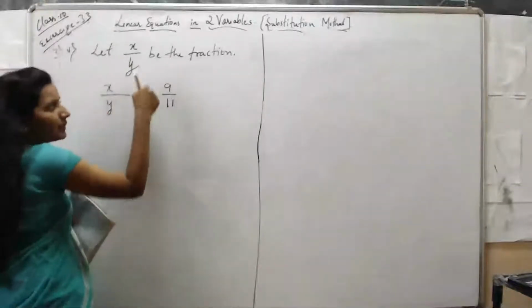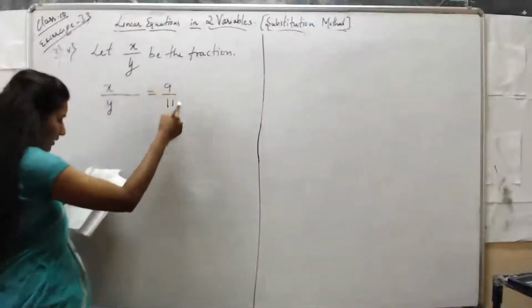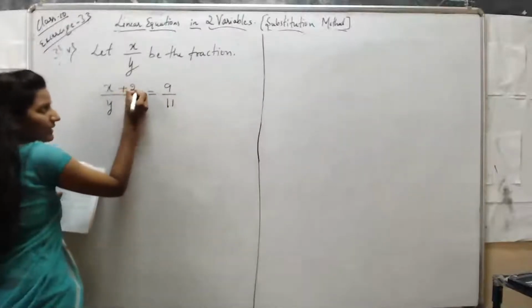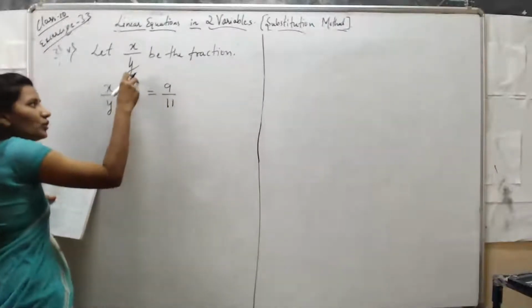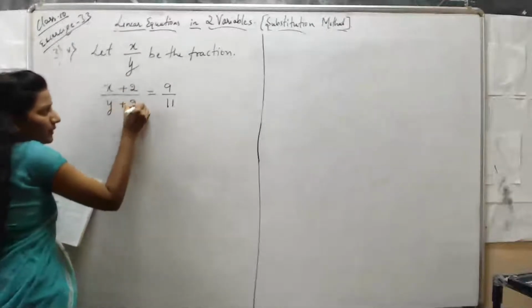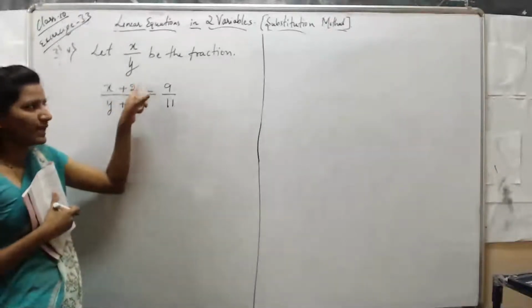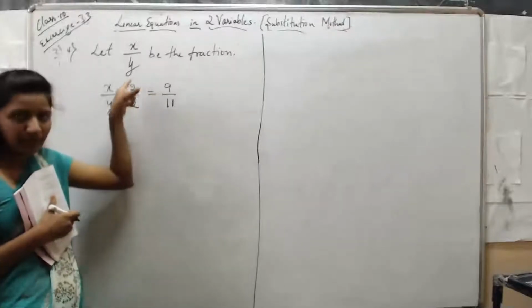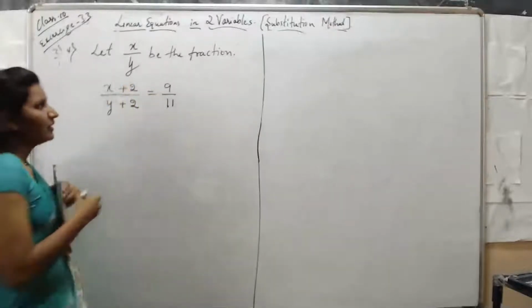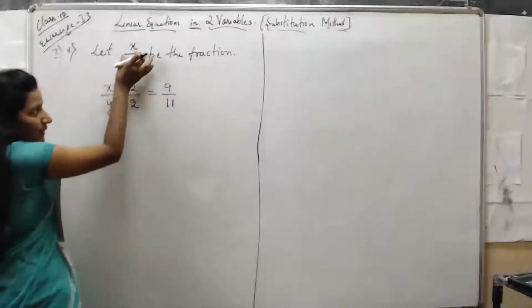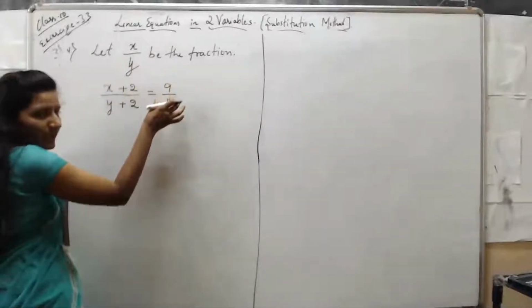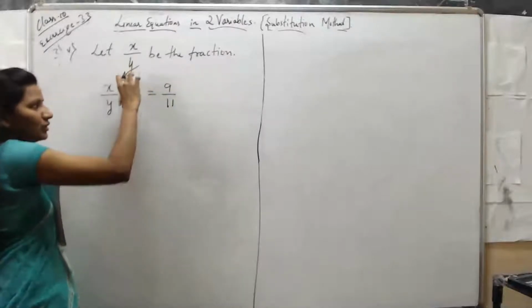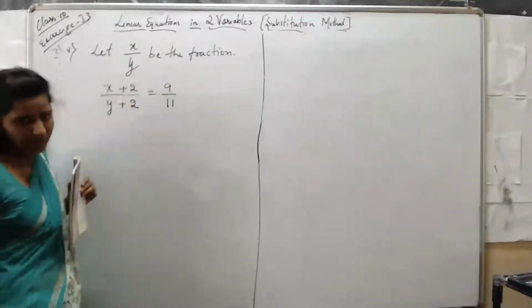A fraction becomes 9 by 11 when 2 is added to both the numerator and denominator. Got this?